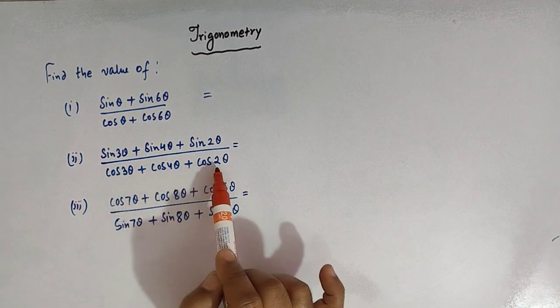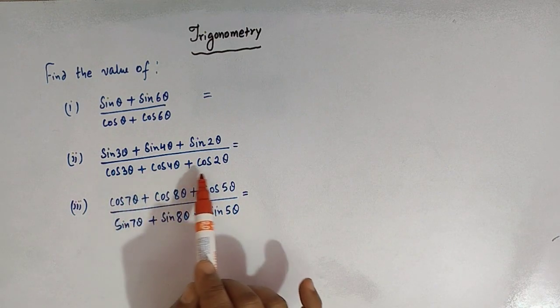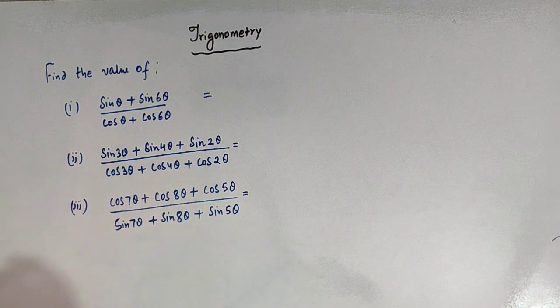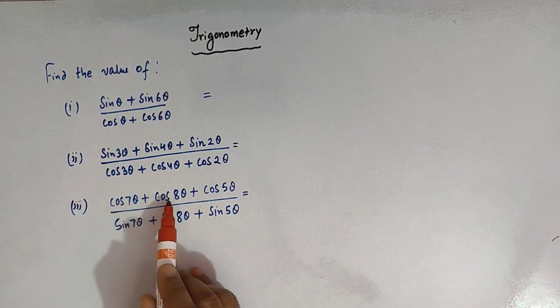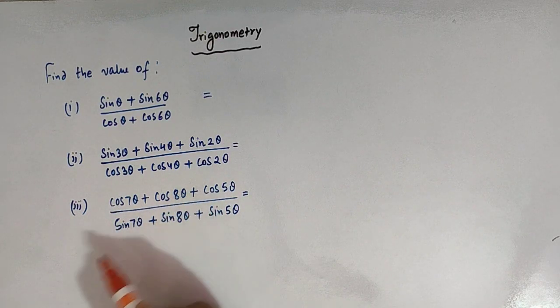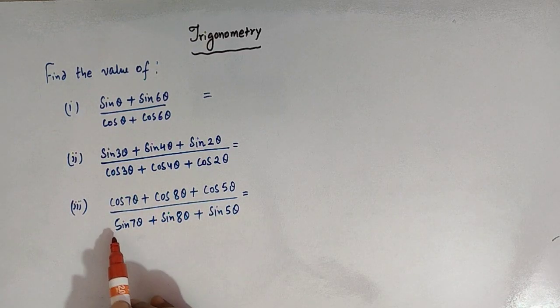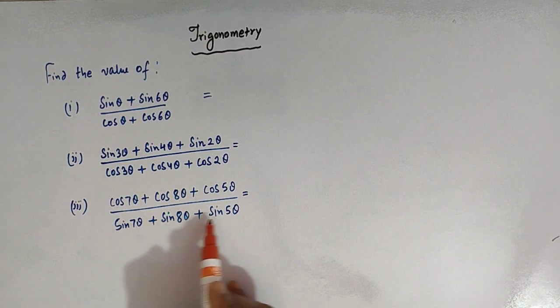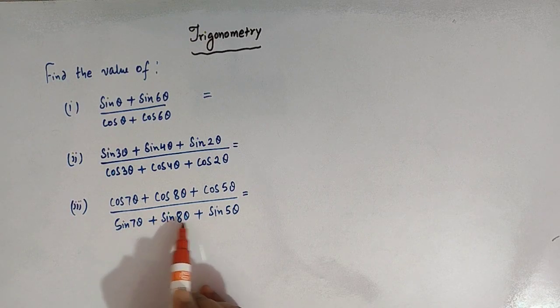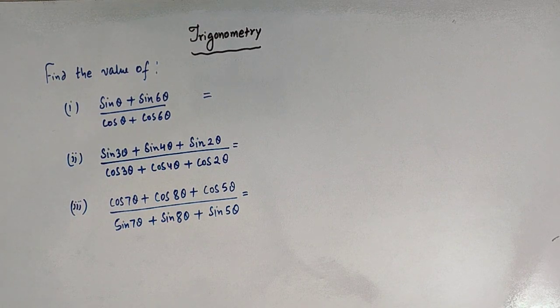And in the denominator also we have three terms containing the cosine function, right? And in the third expression we have three terms in the numerator with the cosine function, and in the denominator we have the sine function, and here also we have three terms, right?